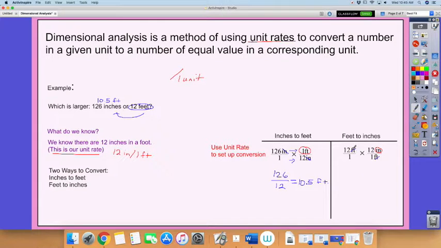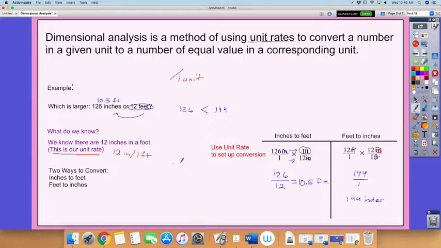And now this time when I multiply straight across, 12 times 12 is 144 over 1. So that gives us 144, and the only unit we're left with is inches. So again, if I compare 126 to 144 inches, I can see that the 144 is larger, so 12 feet is still the correct answer.